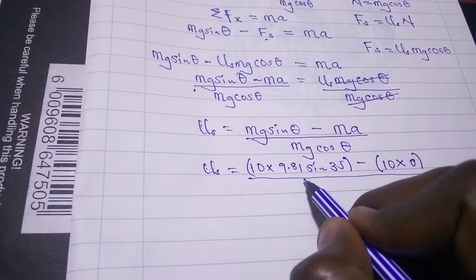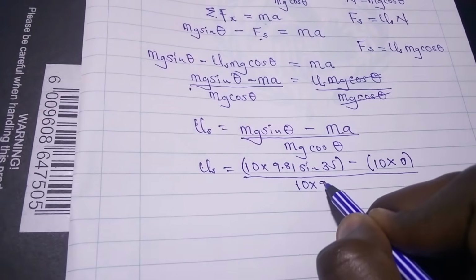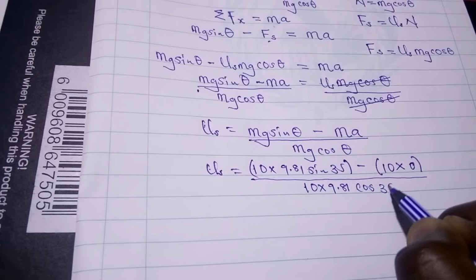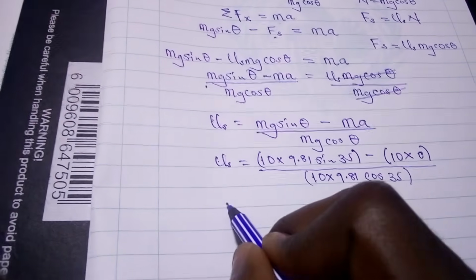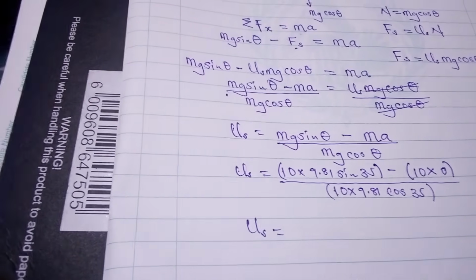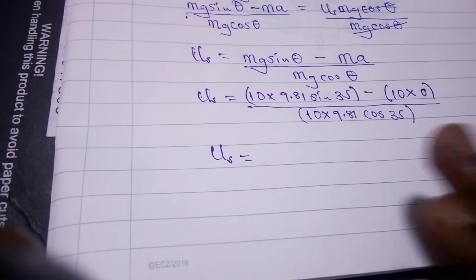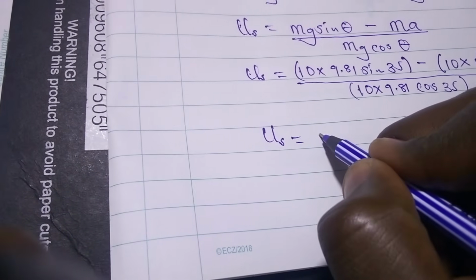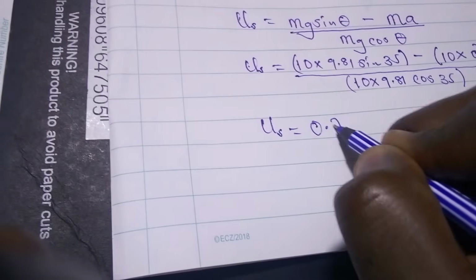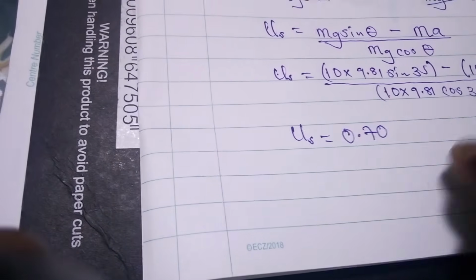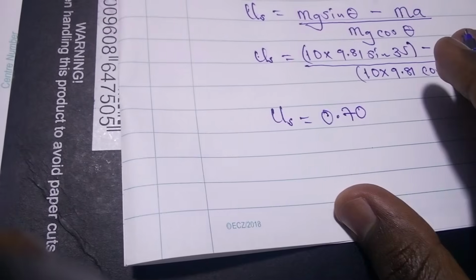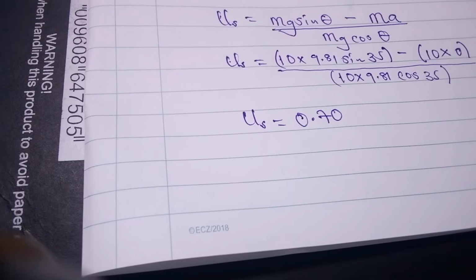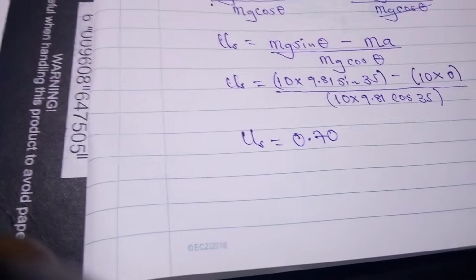That is divided by mass 10 times 9.81 cos 35 degrees. When you compute everything on the calculator, you're going to get 0.70 as your coefficient of static friction. It has no SI unit.